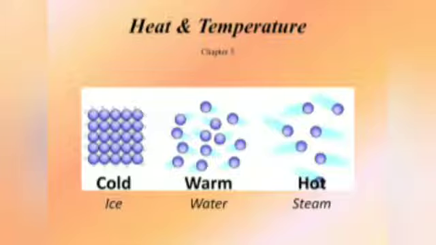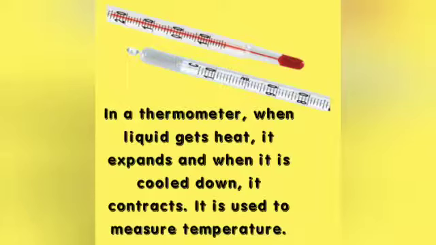So there is a device to measure temperature. It is the thermometer. In a thermometer, when liquid gets heated, it expands. When it is cooled down, it contracts. It is used to measure the temperature. So to find the increase in kinetic energy or increase in temperature, the thermometer is used.